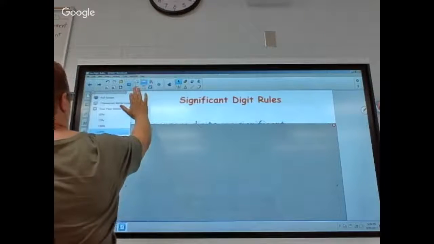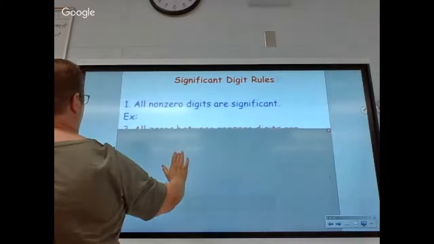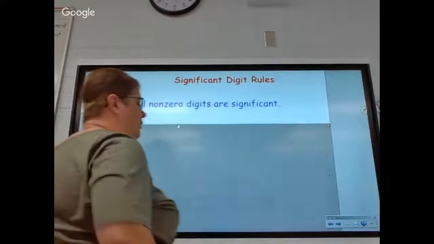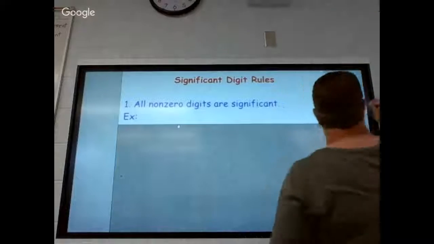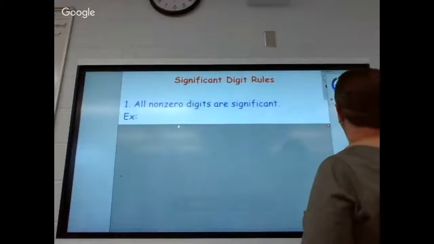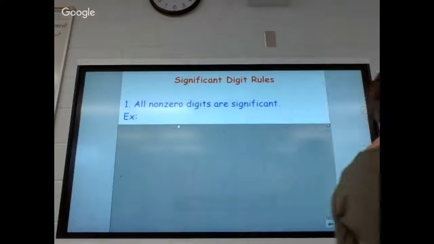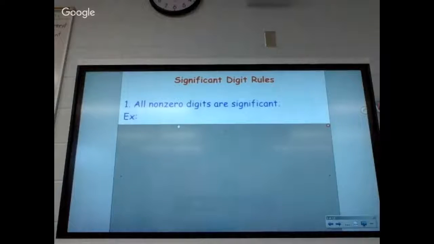All right, rule number 1. All non-zero digits are significant. All non-zero digits are significant. What do I mean by that?